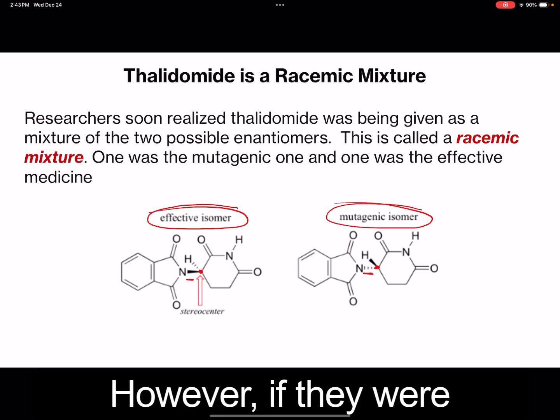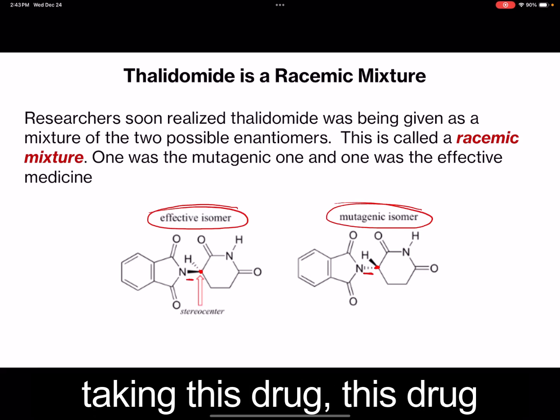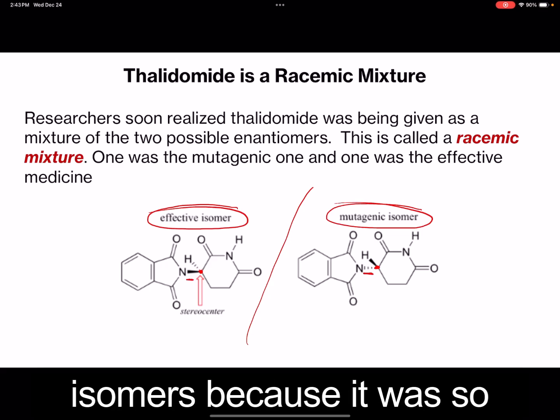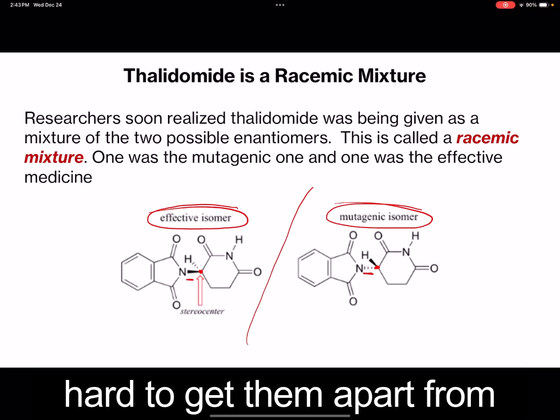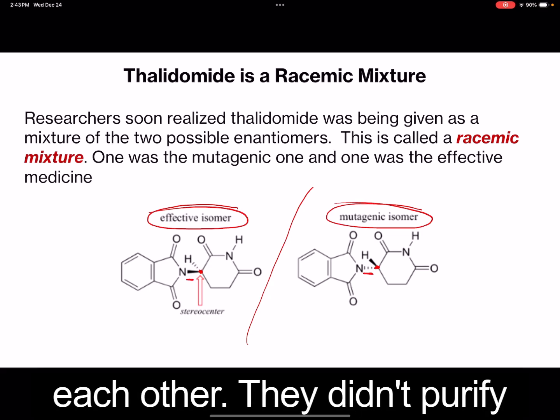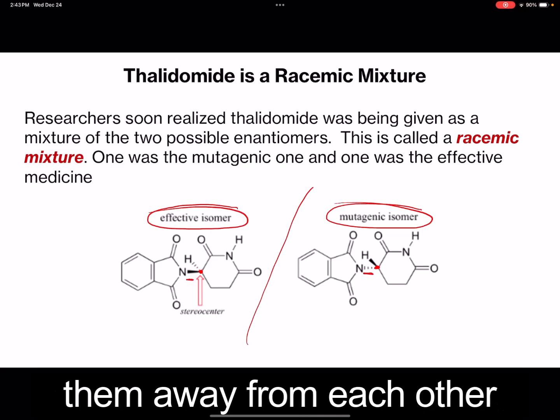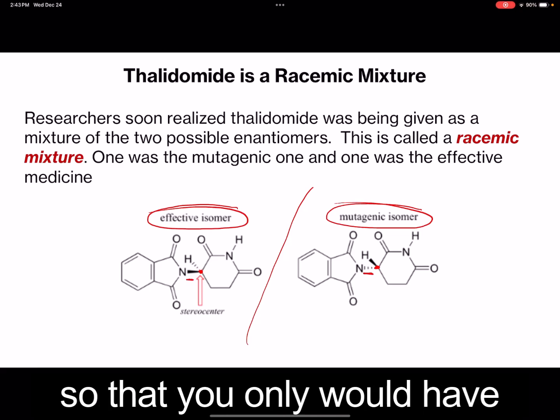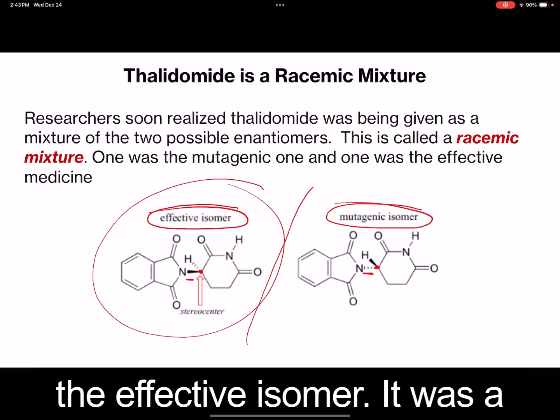However, if they were pregnant and taking this drug, it was a mixture of both isomers. Because it was so hard to get them apart from each other, they didn't purify them so that you would only have the effective isomer.